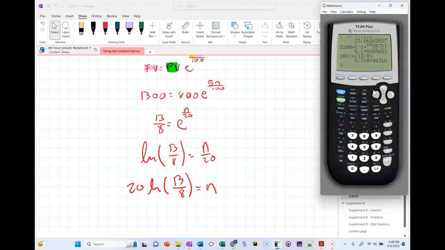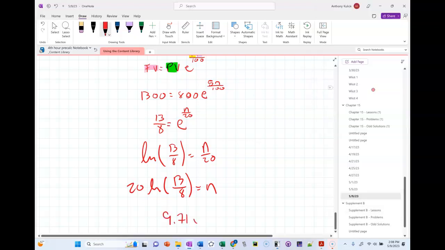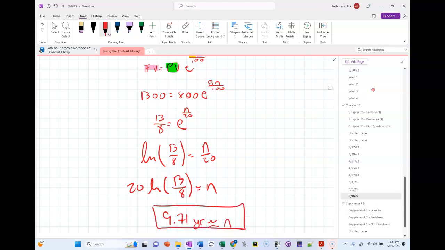In a scant 9.71 years, we'll be at our goal of $1,300.